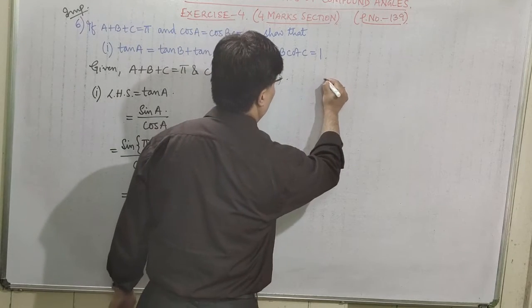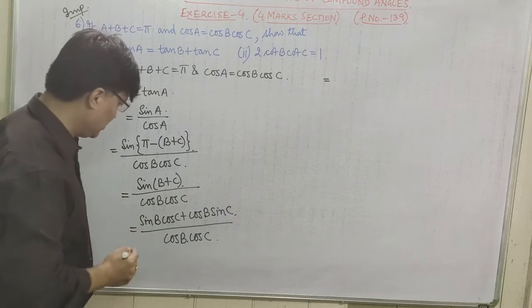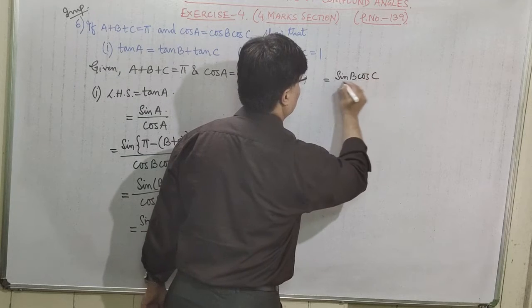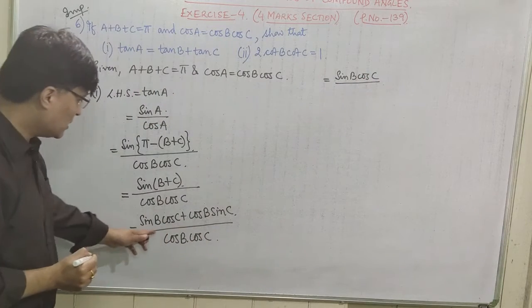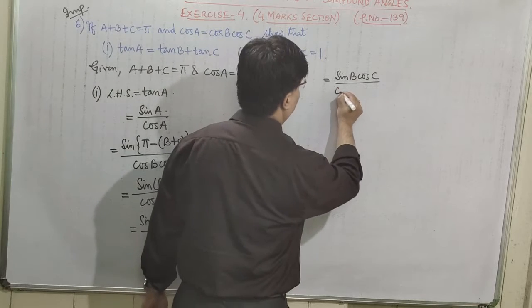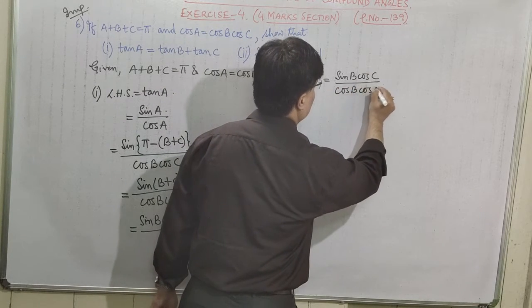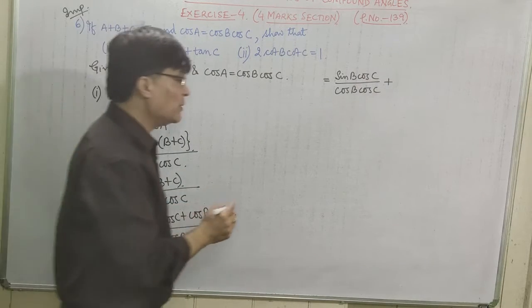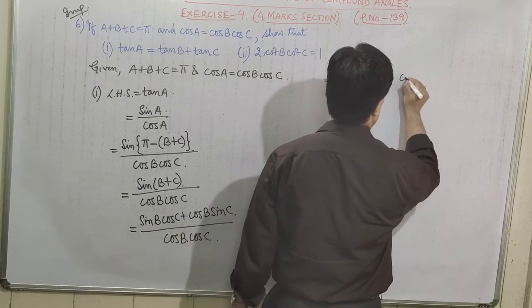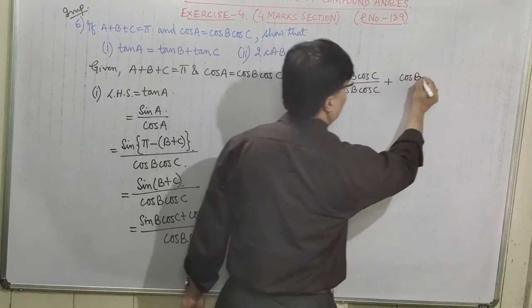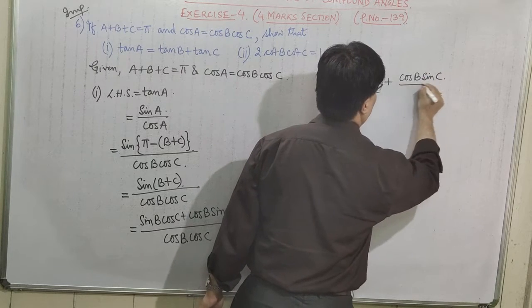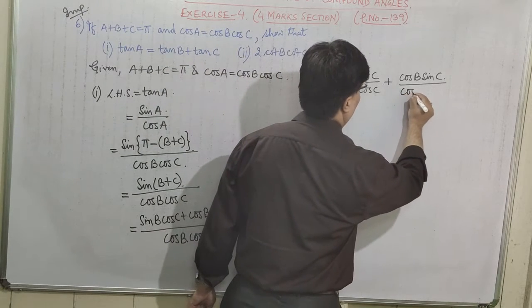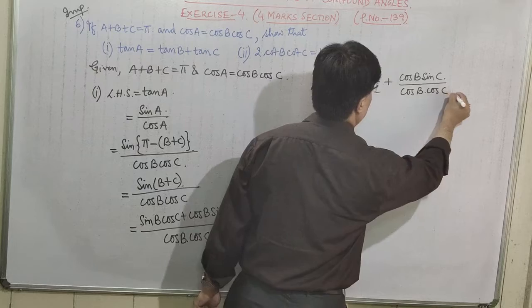So it is equal to sin b cos c divided by cos b cos c, plus cos b sin c divided by, in the denominator, cos b into cos c.